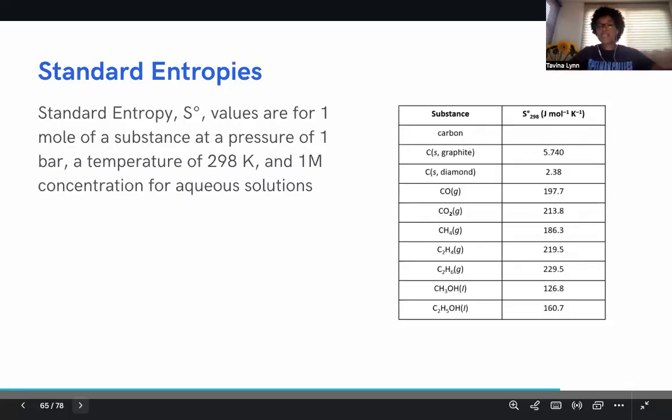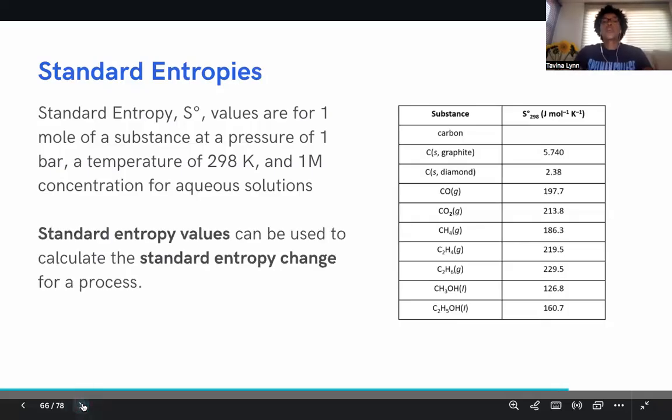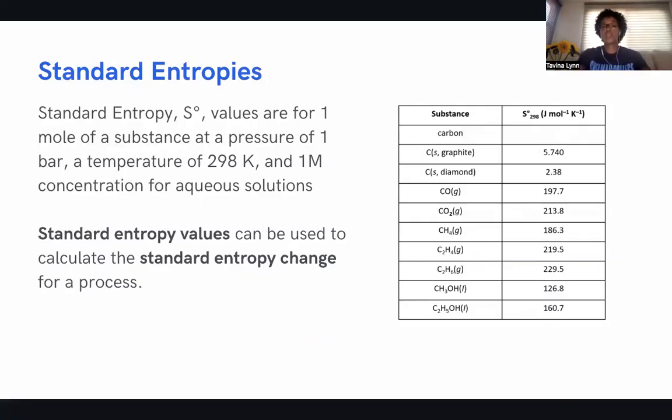And we have decided that the standard conditions are 1 mole of a substance at a pressure of 1 bar, temperature of 298 Kelvin, and for aqueous solution, a concentration of 1 molarity. So we can use these standard entropy values, shown here to the right, to calculate the standard entropy change for a process.